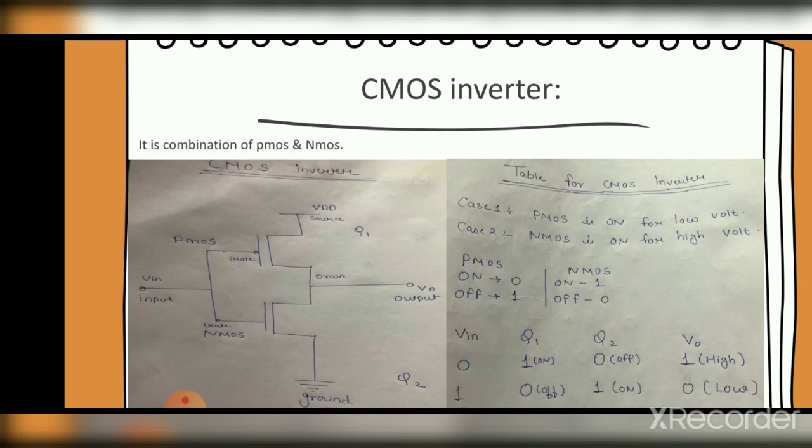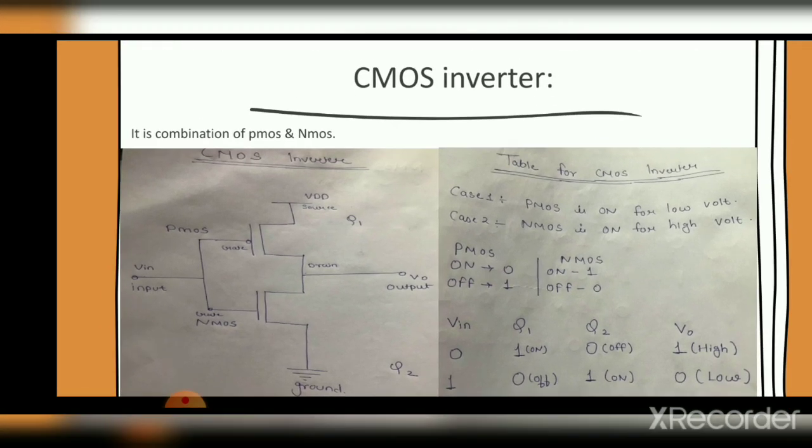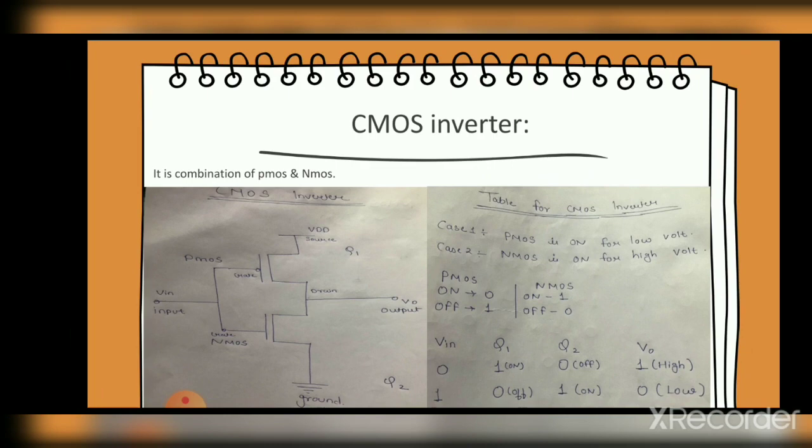For 1, when we apply input 1, Q1 is off for high voltage. NMOS is always on for high voltage, so due to NMOS we get low output by the ground. So it is the truth table of the CMOS inverter.